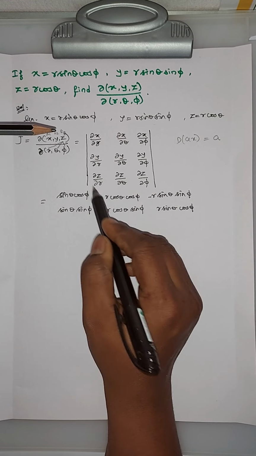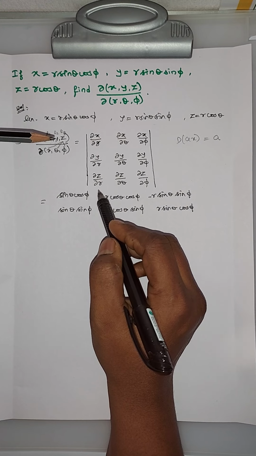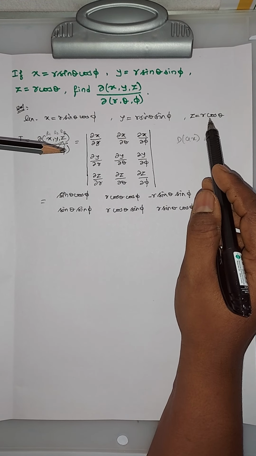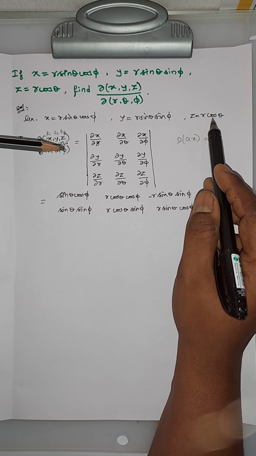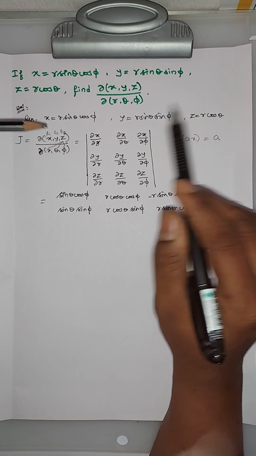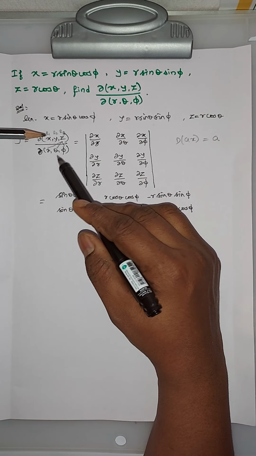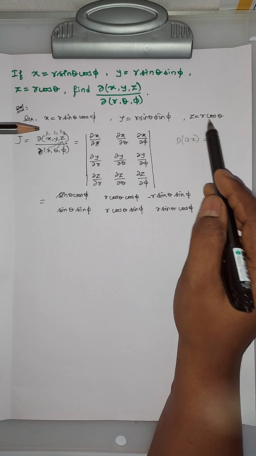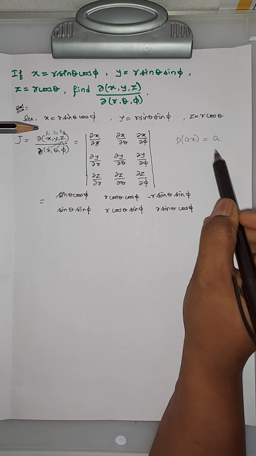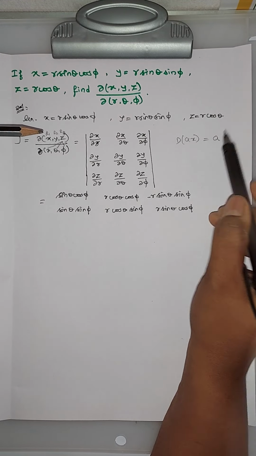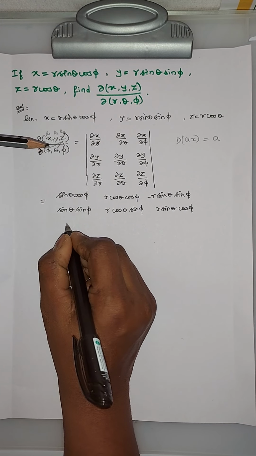Third row, first element is dou z by dou r, that is differentiation of z partially with respect to r, which means that the other variables theta and phi remain constant. So this cos theta is constant, and again by this formula we get just cos theta alone.